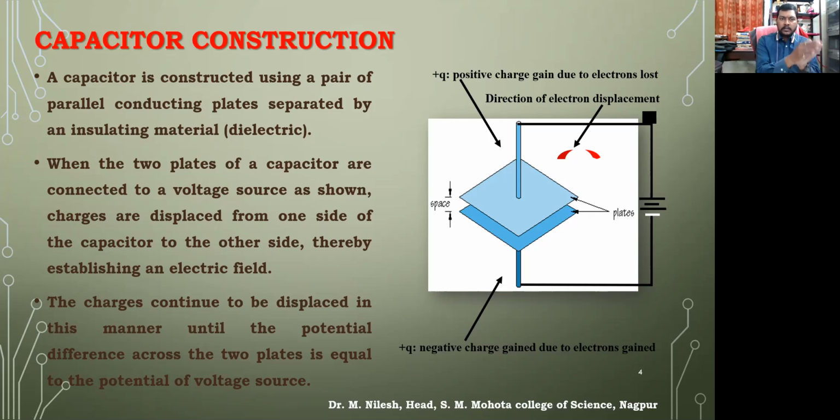A capacitor is constructed using a pair of parallel conducting plates separated by an insulating material. Insulating material means a non-conducting medium. I have told you that if I put a paper in between these two plates, then it becomes a paper capacitor.